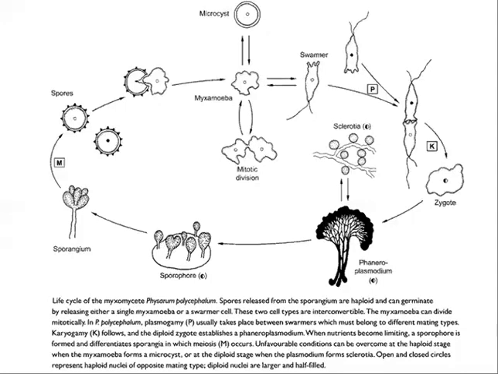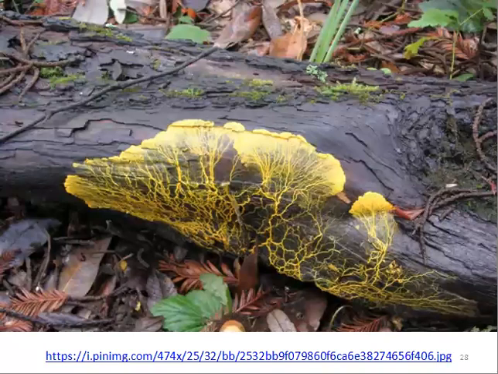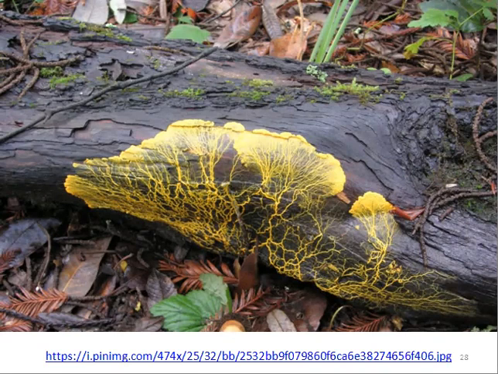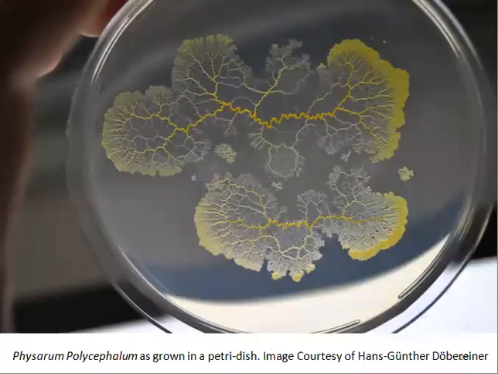Now let's have a look at some original pictures taken from the internet of this organism. Here you can see the phaneroplasmodium of Physarum polycephalum growing on a wood chunk. And in this picture, Physarum polycephalum is grown on a petri dish.